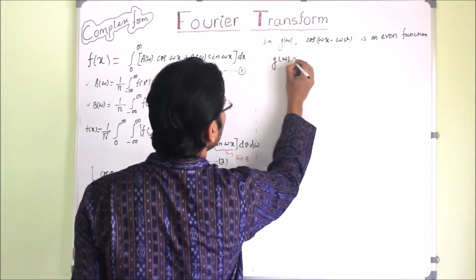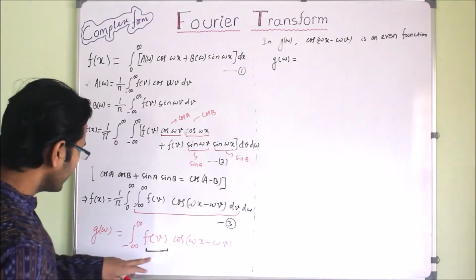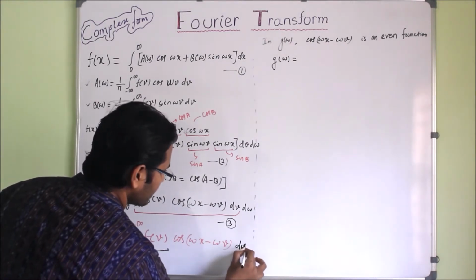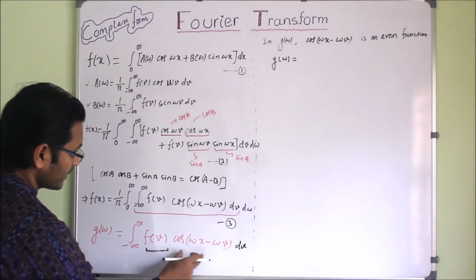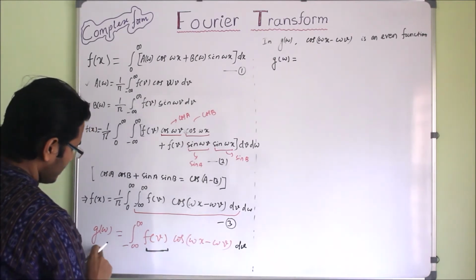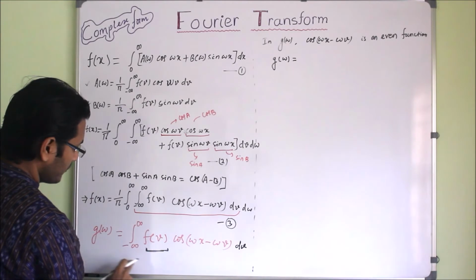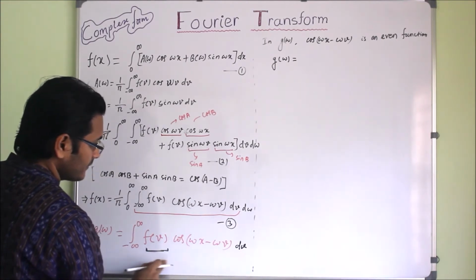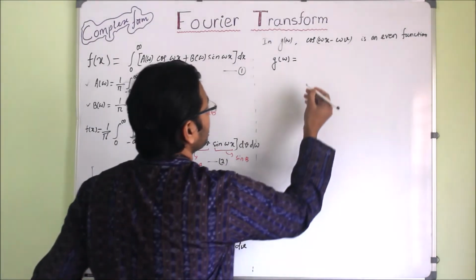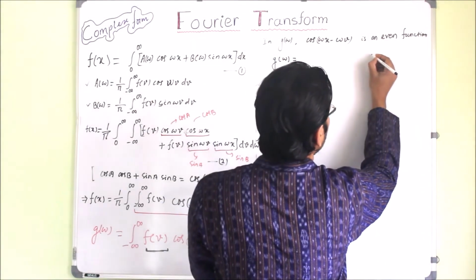So gw will be even, and here dv is there. If a function is an even function, what can we write? First I will write the function.